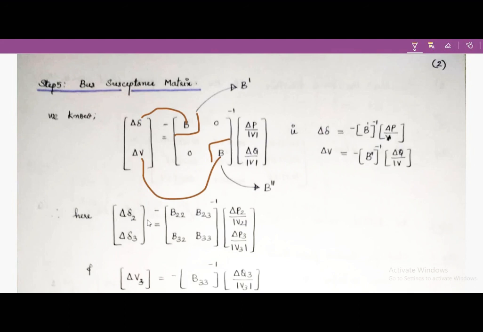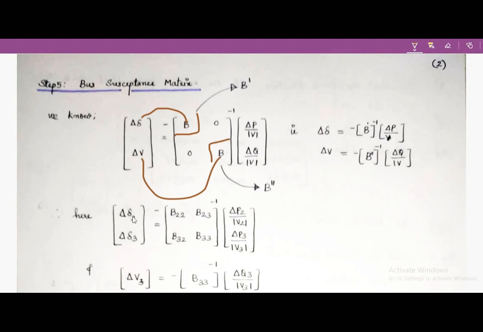Now in this case, which are the deltas? Is there any single delta? No. In the second bus you need to calculate the angle. In the third bus also you need to calculate the angle. So you have two elements in delta, that is delta 2, delta 3. Okay. So we will see this later. We will first see this matrix.